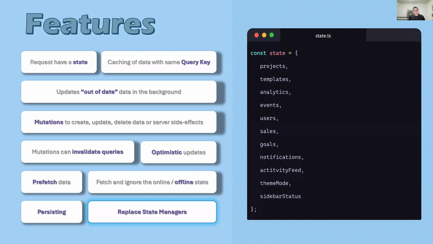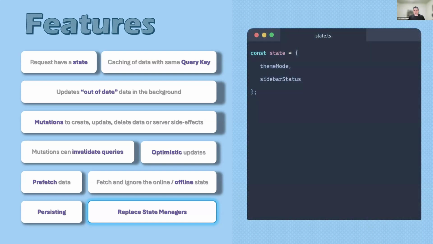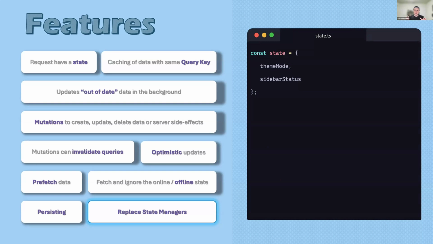So by using TanStack Query, this can be reduced to only needing these state management tools for the global state. So it will be reduced to just your theme mode, sidebar status, and maybe user preferences.